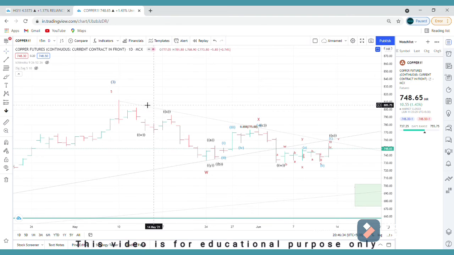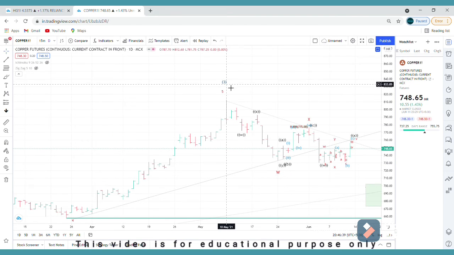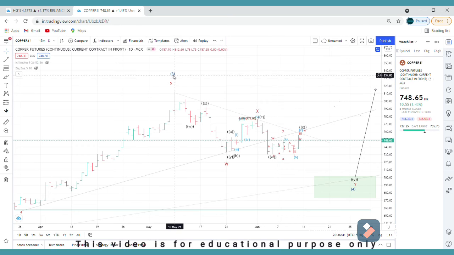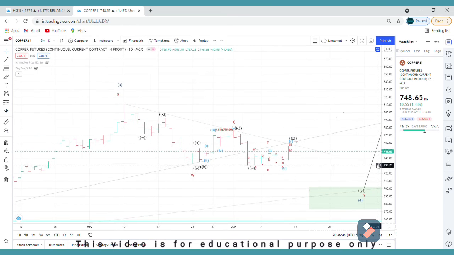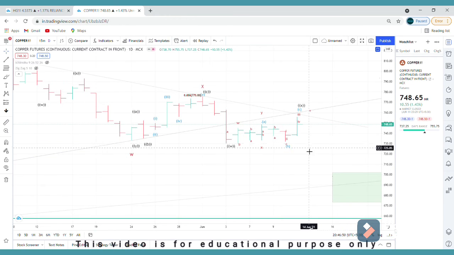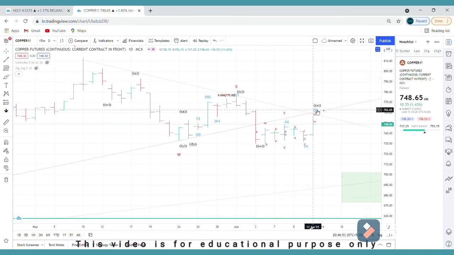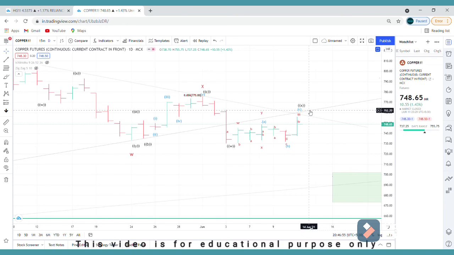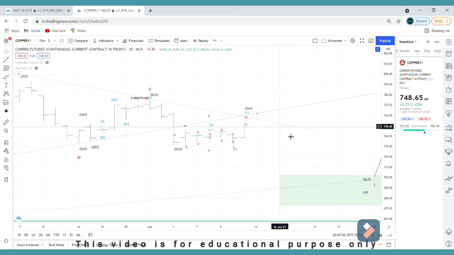Here the fifth wave is completed for this red, and this is the third wave completed, and from here the third in blue will give a fourth in blue till here. So here also it is forming the expected move, and we are expecting that it should not go above this level. Let's say 762, 763 should be the maximum level, and from there we can expect a downfall.